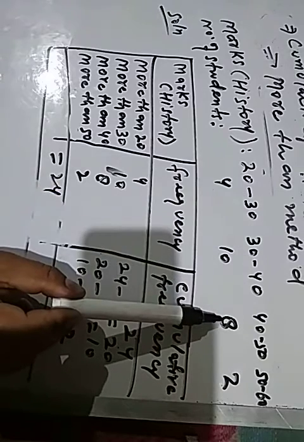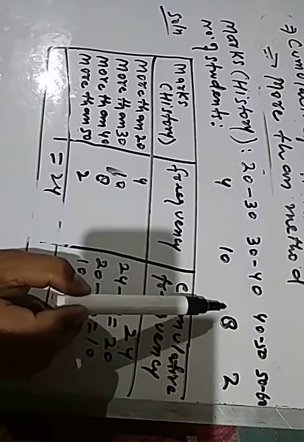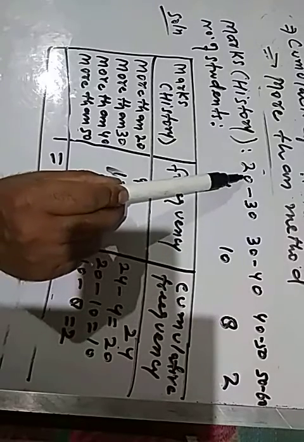And between 40 to 50 marks there are 8 students, means their marks are also greater than 20. And in the last there are 2 students whose marks are between 50 to 60, means their marks are greater than 20. Therefore all will fall in this. More than 20 there are 24 students.